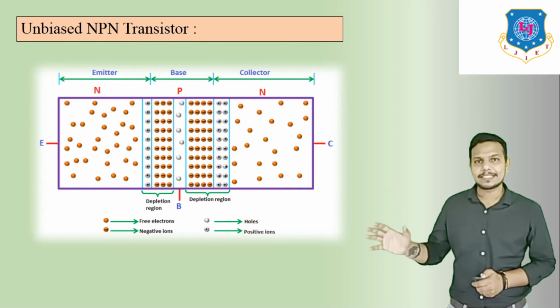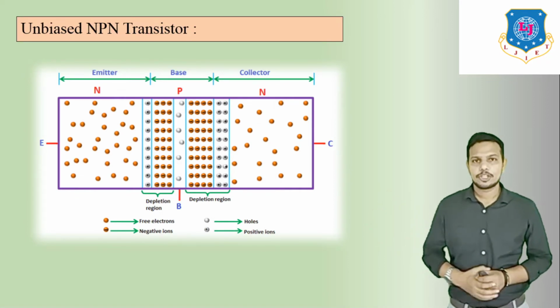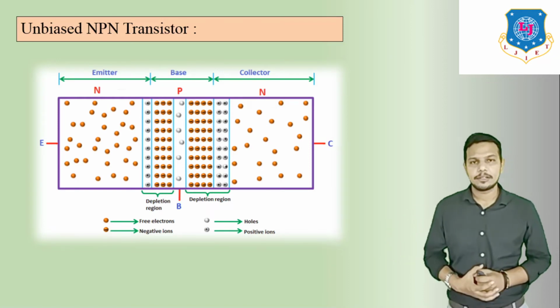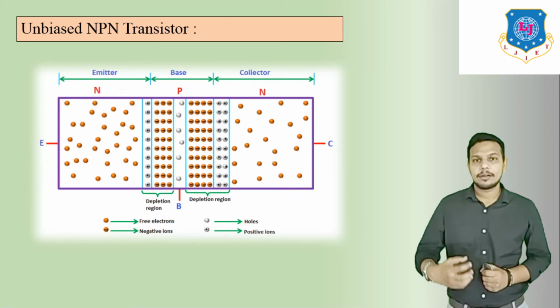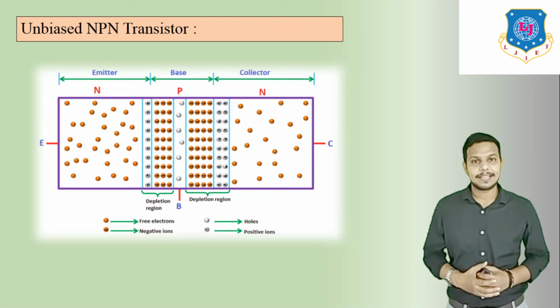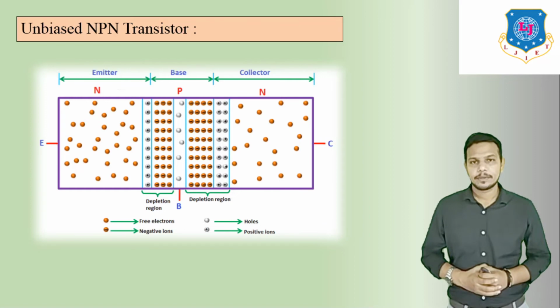Now, this is the unbiased NPN transistor. We already studied this in the PN junction diode. Whenever it is in unbiased condition, that means there is no DC supply, no battery connection.